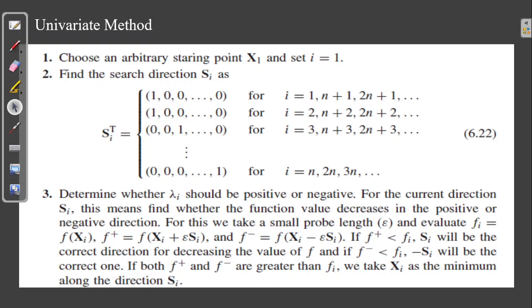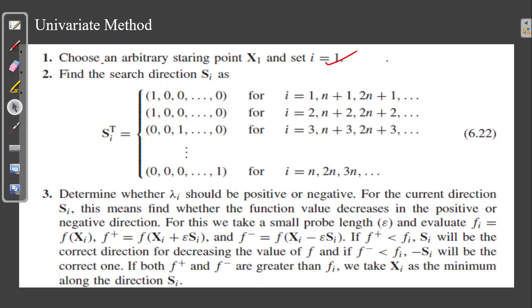What we have discussed earlier, we are writing as steps so that you will understand better. First of all, we will choose an arbitrary starting point x1 and set I equal to 1. The first iteration is I equal to 1, with an arbitrary starting point.